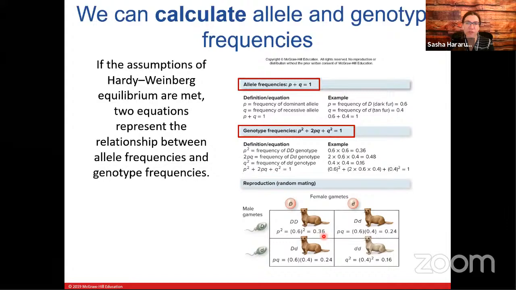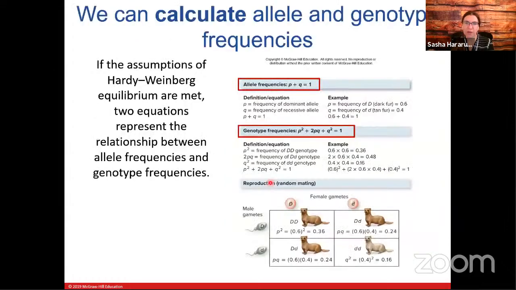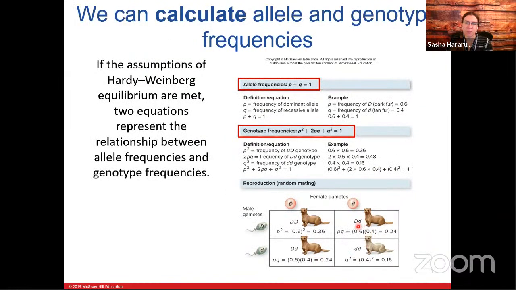So in this case, 36% of all individuals in this picture would have the genotype of double Ds, or would be homozygous dominant. 0.24 times 2 would be 48, so 48% of individuals in this picture would be heterozygous for the fur color.